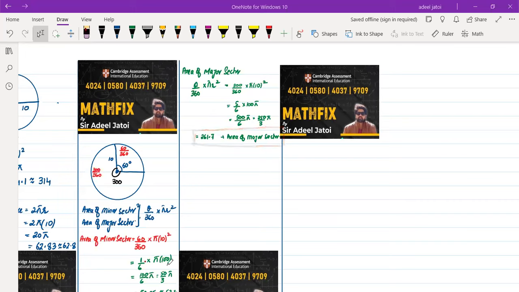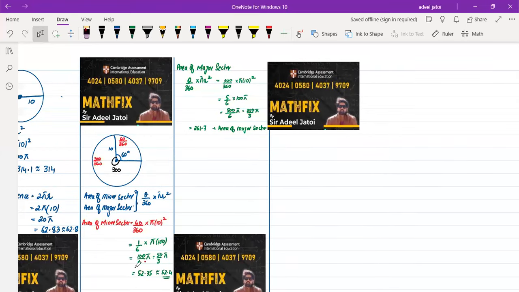The area of the major sector is 261.7. The area of the minor sector was 52.4. But these both areas are from what? The entire area of the circle, because we took it out from the ratio.